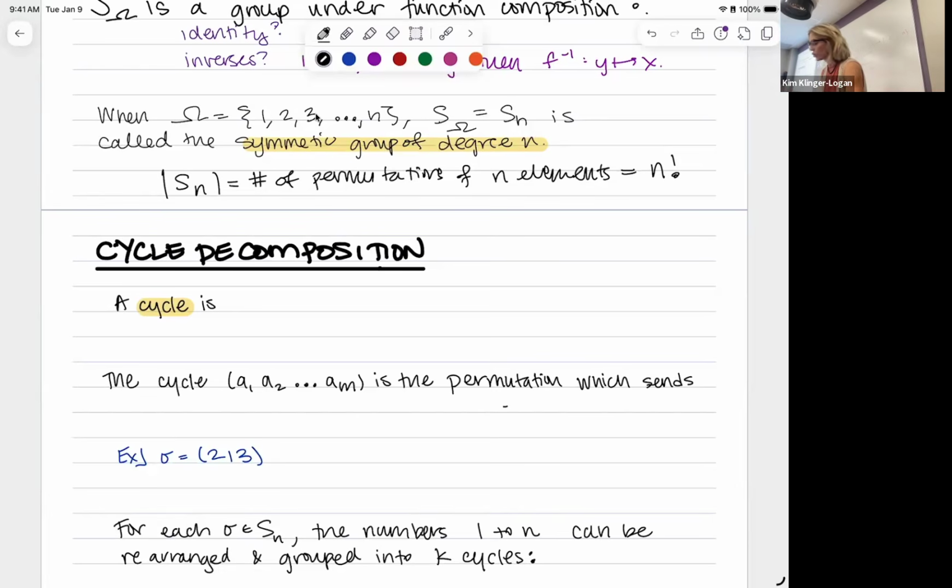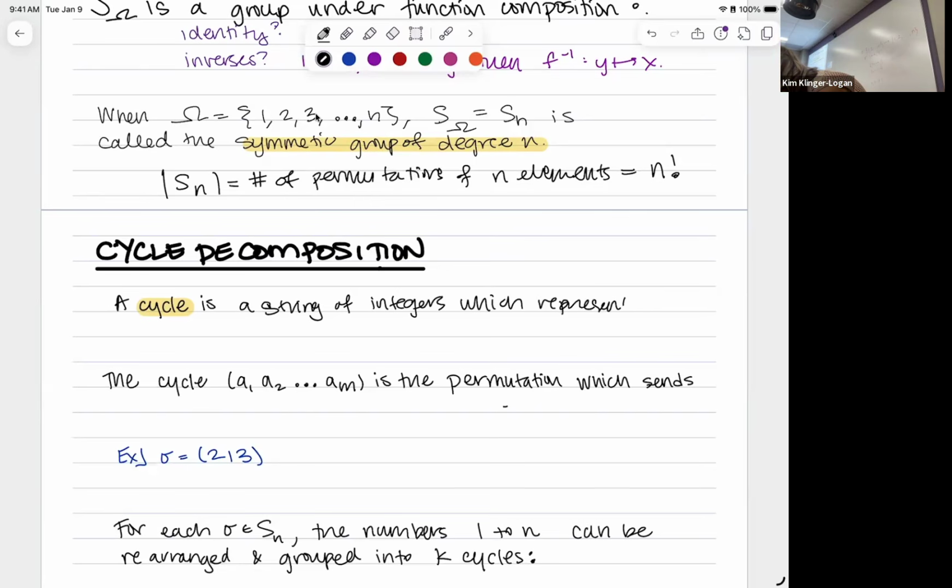So a cycle is just a string of integers which represents an element of Sn. It represents one of these permutations, which cyclically permutes the integers.